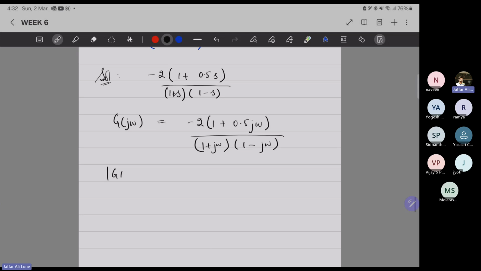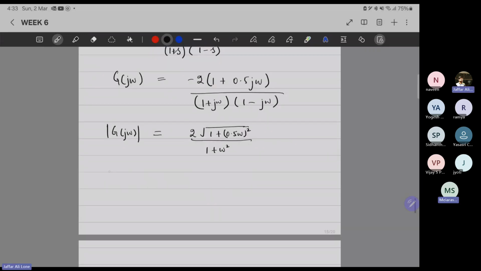I will directly write the magnitude. The magnitude will be 2 into the square root of (1 plus 0.5 omega square) divided by the square root of (1 plus omega square) whole square. That will get cancelled.